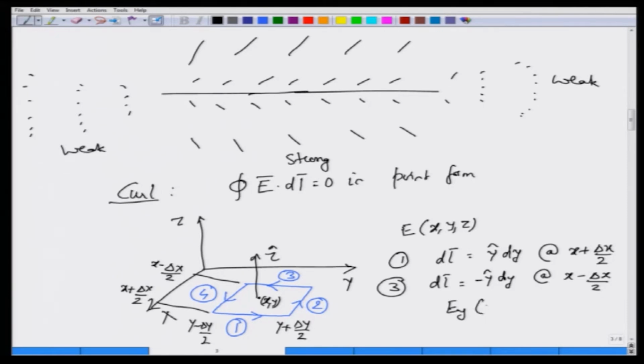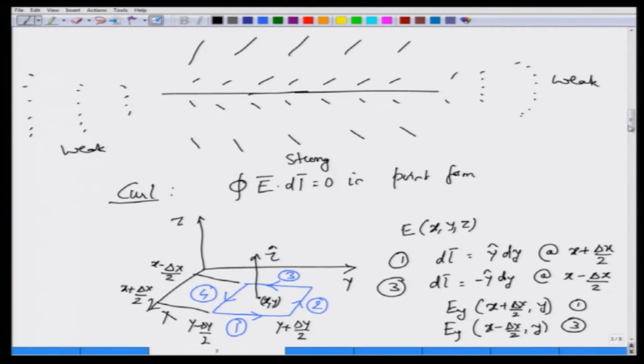At path 1 it will be Ey at the constant value of x plus delta x by 2, and y can change. The same Ey at path 3 will be given by x minus delta x by 2, and it will change along y. So this is for path 1, this is for path 3.